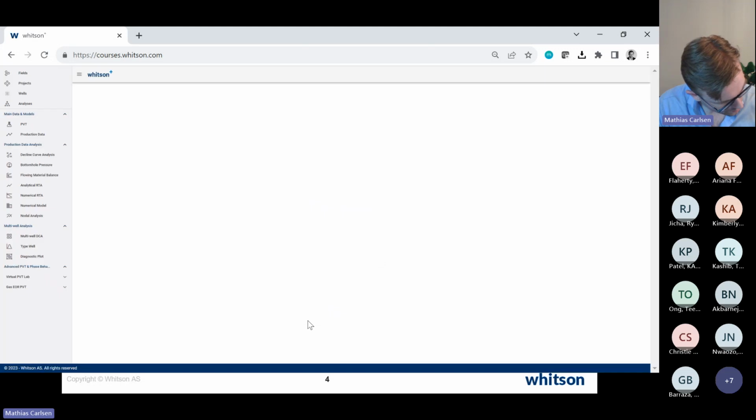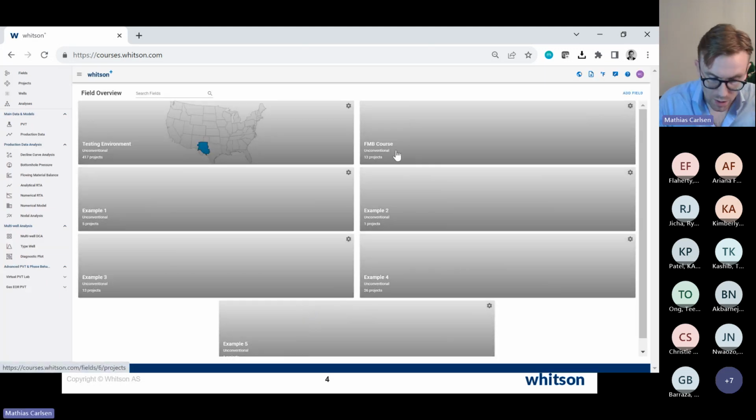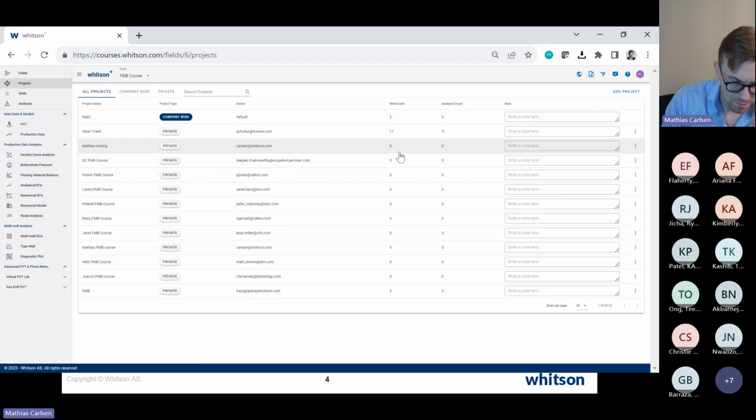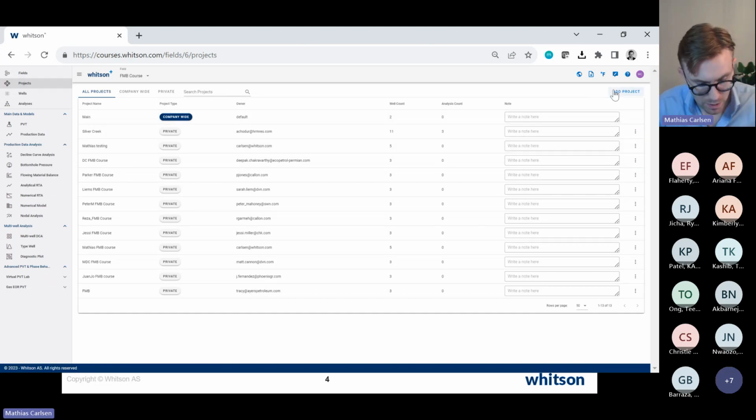Okay, perfect. Once you've logged in, let's make sure that you're in the course called the FMB course. In the FMB course, you just make a project, and we'll do that a little bit later.